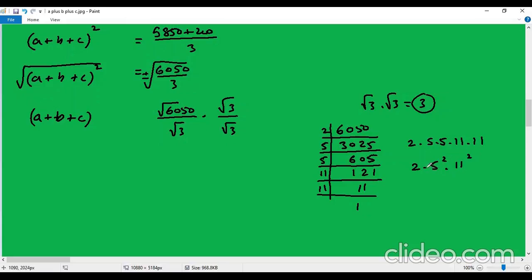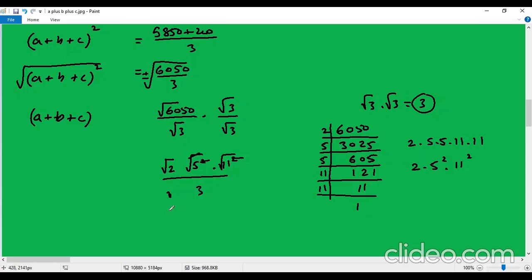Now I can write 6050 in terms of under root 2 and 5 square and 11 square. Once we are taking the square root of these things, the square is going to be cancelled with the root. So I can say over 3.